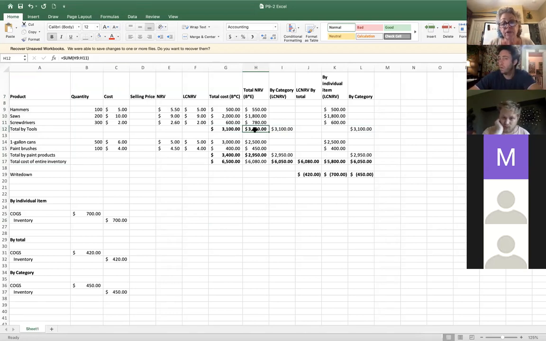If not, put NRV. And then obviously the same thing for the second category. But just comparing the paint products ones, right? Right, the 3,400 to the 2,950.